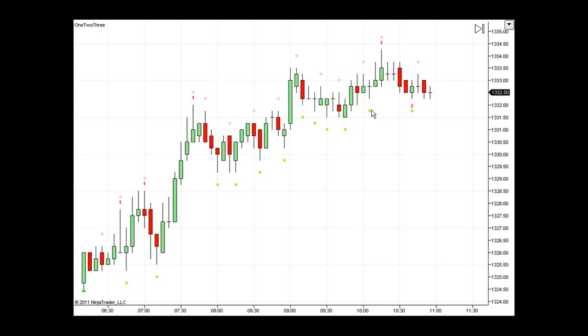Something that can be very useful to you if you're looking at trailing an exit stop. But right now we are just waiting for the confirmation of the number 3 point, and that will be our signal to sell. I'm going to fast forward the chart a little bit until the 3 point completes.